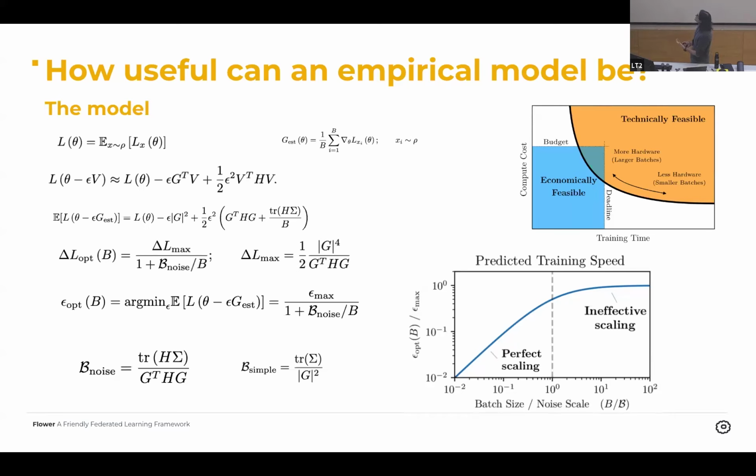Now, this B noise provides very interesting insights on the training speed and training time, which are qualitatively explained in the plot in the top right. We can see that at some point in this hyperbolic curve, we increase the compute cost but we do not decrease the training time.